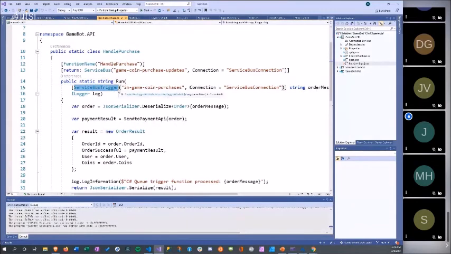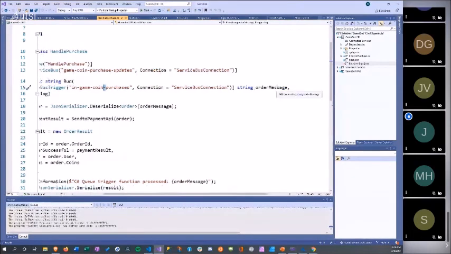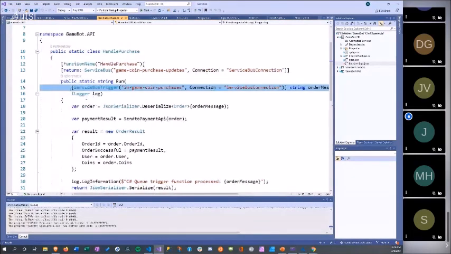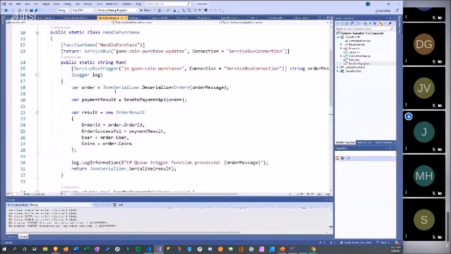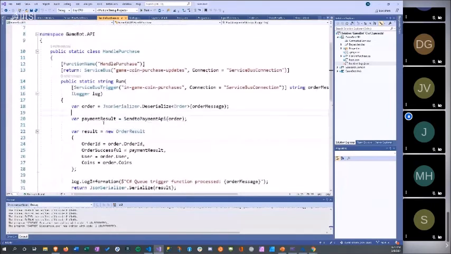And so we're going to run. We have a service bus trigger. This is the trigger for the queue using the same connection and the service bus queue name. We drop in our string, which is our order message. We come in here and deserialize our message back into the order. We send to our payment API, which is fake because this is demo code. The ultimate payment API is the one that just sleeps for 3 seconds and then either works or it doesn't.